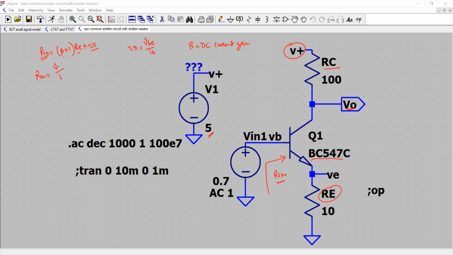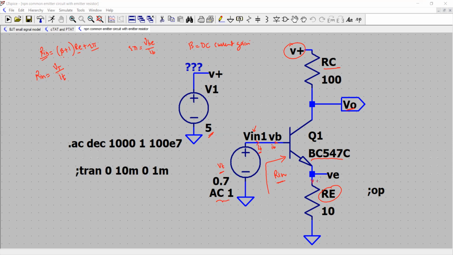So I will apply the test voltage to the input pin of the transistor configured as a CE amplifier. I will apply the test voltage to the base pin, and then I will compute or calculate the test current IT. Here IT is essentially my base pin current, that is the IB, right?